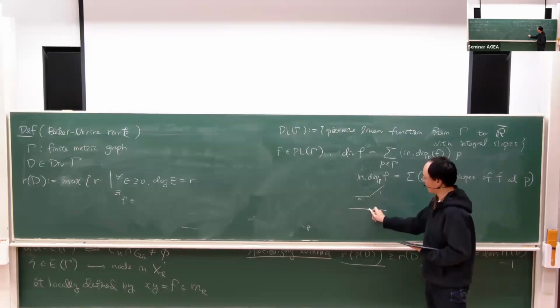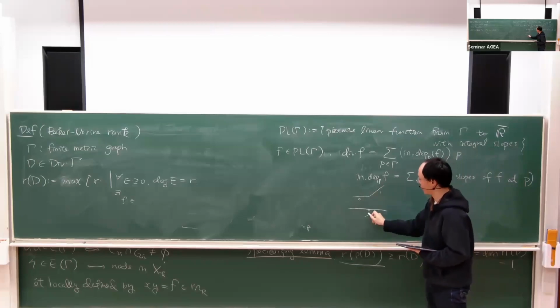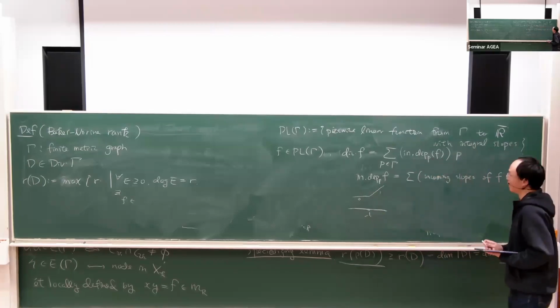Then the incoming slope here is 0. The incoming slope here is -1. So you get a -1 here.